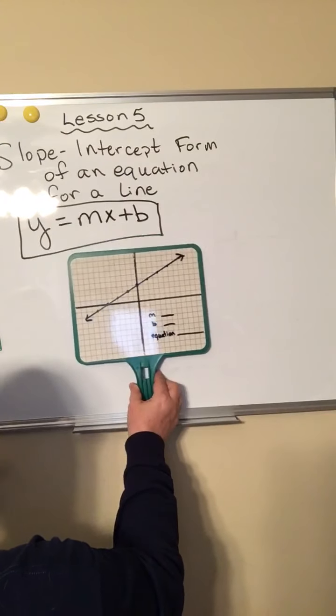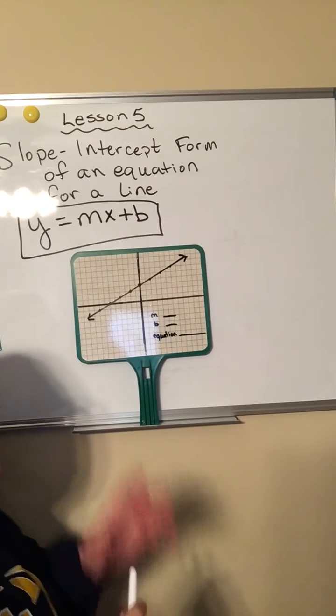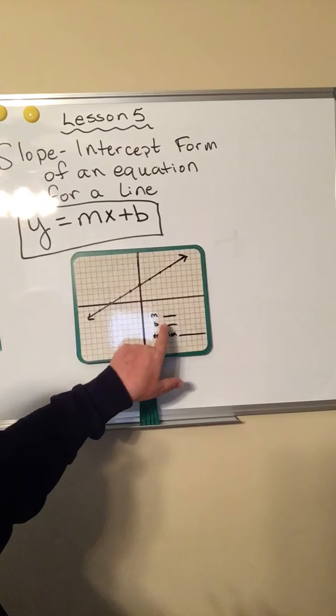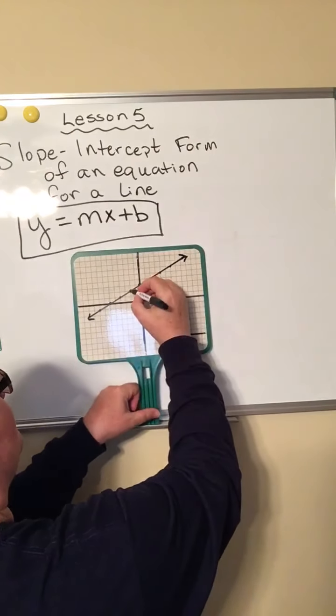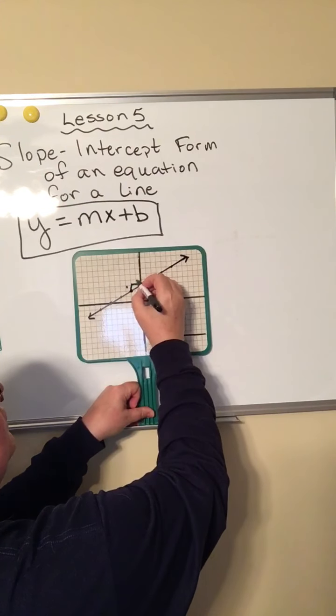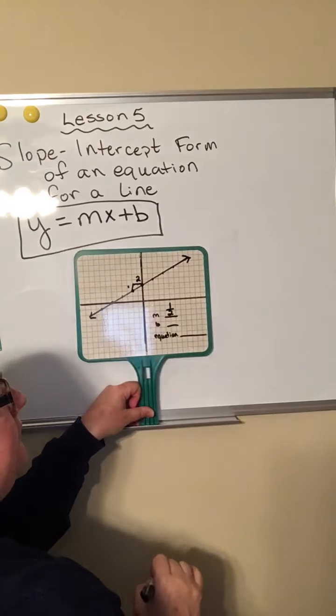Another thing we might be given is a graph, and we have to find the equation. Well, the easiest way to find the equation is to first find the m and then find the b. So the m is the slope. I'm going to go from this point to this point. I went up 1 and I went over 2. So my m is 1/2.